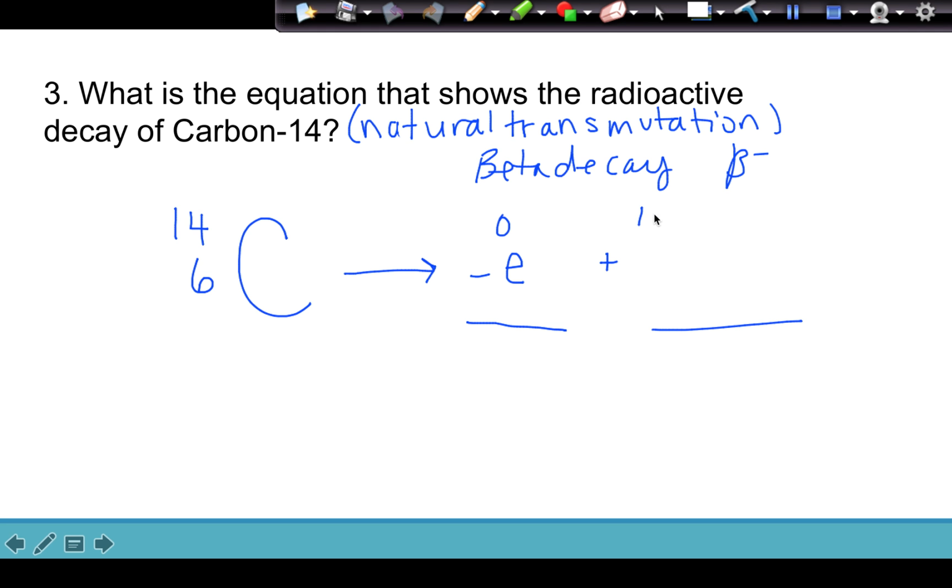And so the top number here has to be 14 because 0 plus 14 is 14. 7, minus 1 is 6. And we look up the element by 7, and that's nitrogen. So in the page before, that means that 25% remained as carbon-14 and 75% had turned into nitrogen-14 in that problem from the page before.